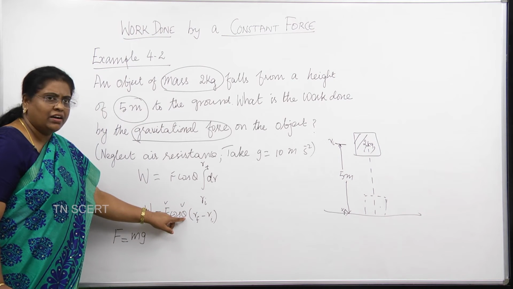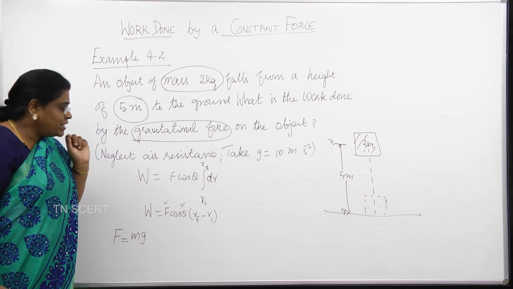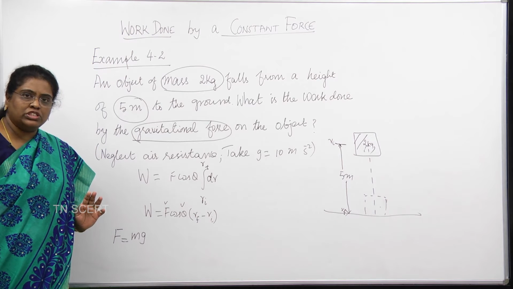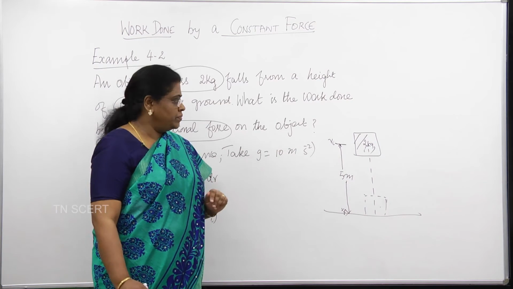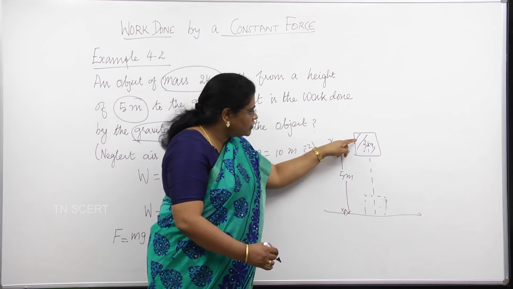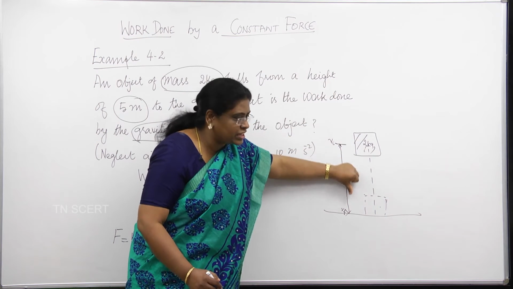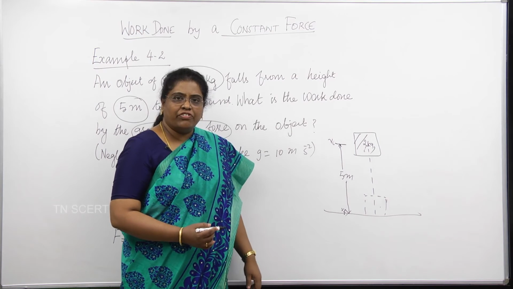And what about theta? I need to know theta to calculate cos theta. Theta is the angle between the direction of the force and the direction of displacement. Now, let us see this diagram, how the fall is from this height to the ground. This is the direction in which the object is moving. And what is the direction of gravity?